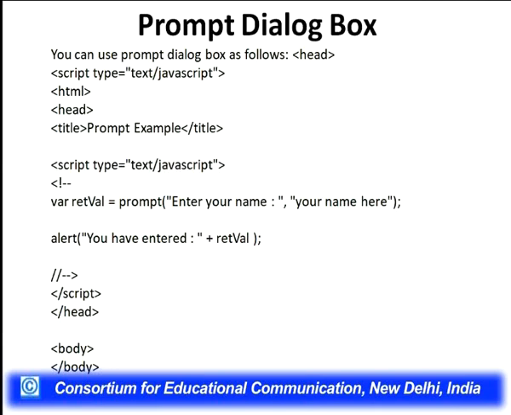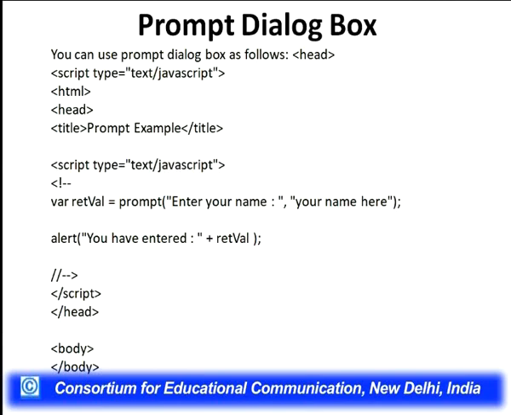You can see here a variable retval has been declared, and we are using the prompt method for asking the name of the user. Whatever you specify here will be displayed in the prompt dialog box, and then we are showing the name of the user using an alert. So prompt will accept the input from the user, and alert is going to show the result to the user.